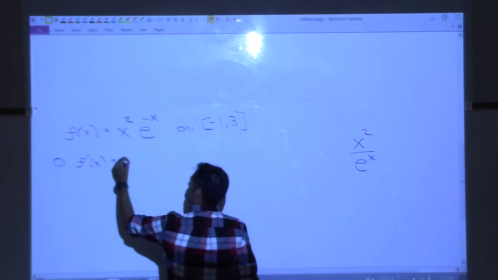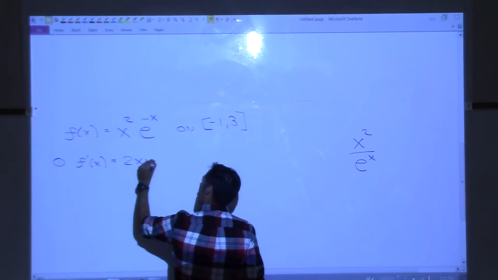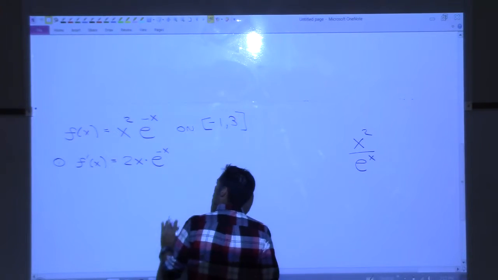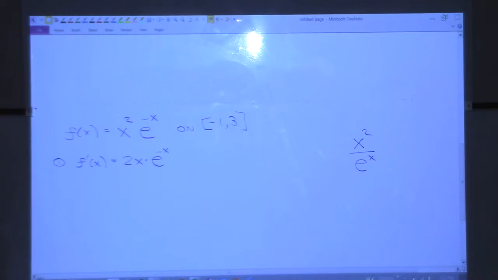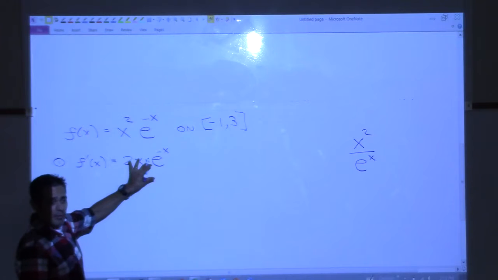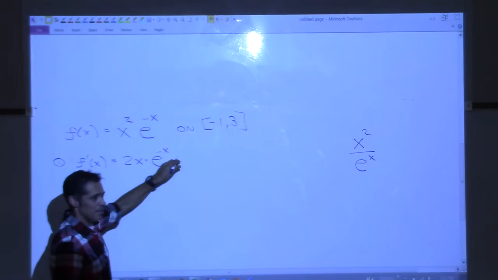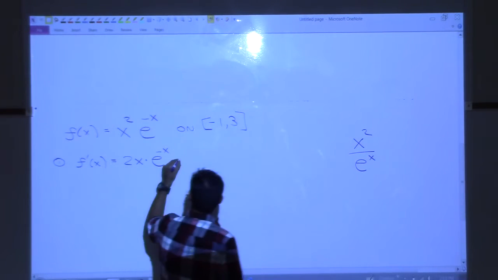Okay, this is 2x times e to the negative x, plus negative e to the negative... Okay, so everyone okay with that part? Now I'm supposed to say plus, right? I'll do it a little bit slow.